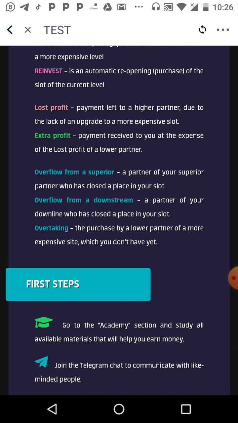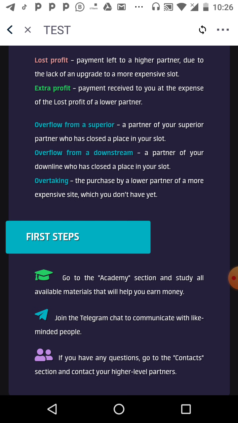Overflow from a superior: a partner of your superior partner who has closed a place in your slot. Overflow from a downline stream: a partner of your downline who has closed a place in your slot. Overtaking: the purchase by a lower partner of a more expensive slot which you don't have yet.